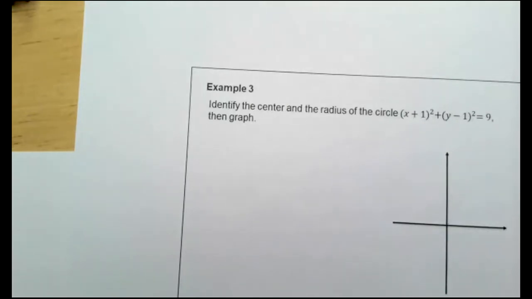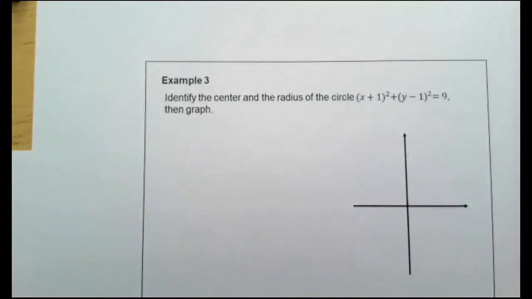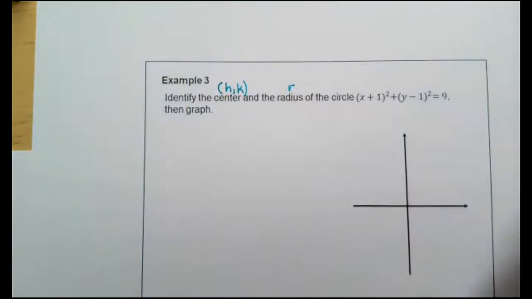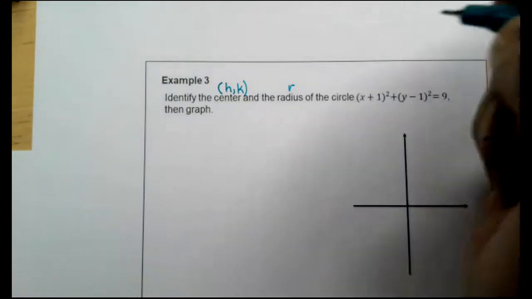Example 3, identify the center and radius of the circle x plus 1 squared plus y minus 1 squared equals 9. So it's already in standard form, right? And we know that in standard form, the center is (h, k) and the radius is r. And let me just write the model of the equation.